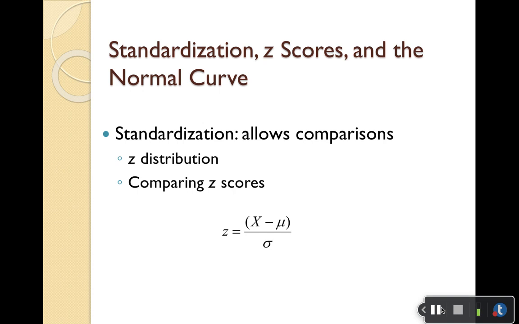So if we're going with the example of height, it's whatever my height might be, my individual score on any variable. Minus, you see here we have the Greek letter mu, and that means the average or the mean. In this case, we'll still go with height. And on the bottom of this equation, we have the Greek letter sigma, which represents the standard deviation.